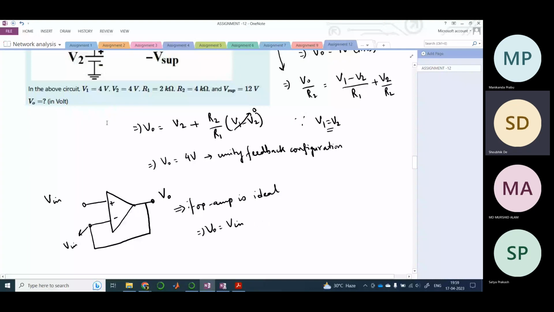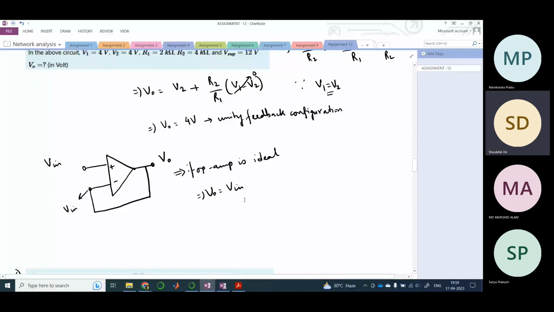In a way, this is also a unity feedback. Why do we call it unity feedback? Because the gain is one, unity, because input is equal to output. If we write V0 is A into V in, here A is 1, so that is why we write unity. And there is a feedback here, that is why the word feedback comes.